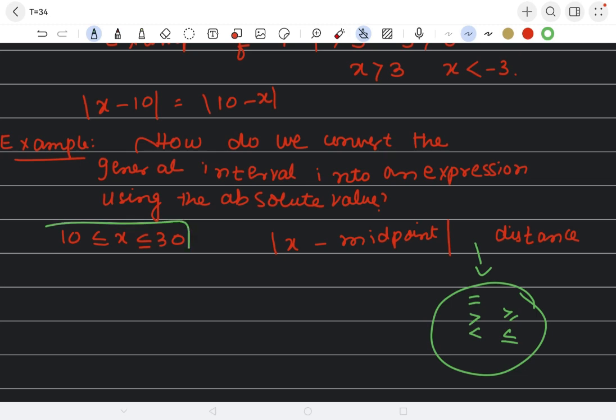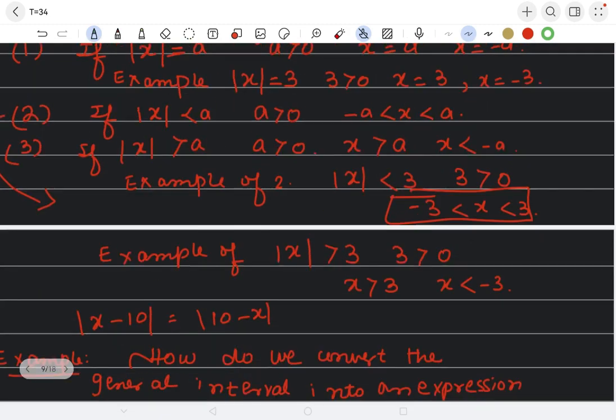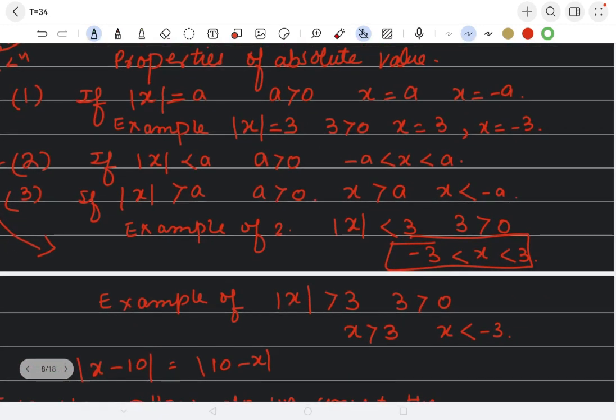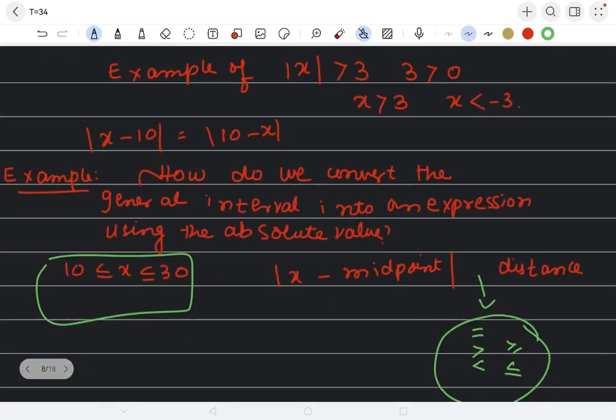Now which format is it? Check out of the given properties: if we write our interval like this, then which sign comes in the middle? Less than. You can check. Whenever we write our interval like this, it means after the absolute value the less than sign comes.